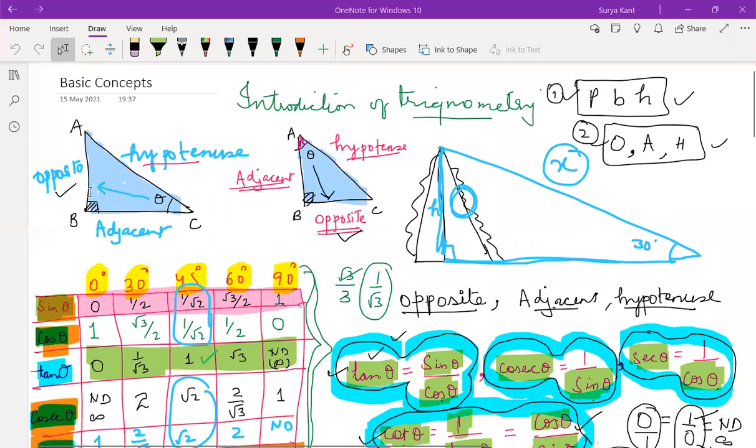See in the first figure, AB is opposite here, and here AB is adjacent. How is it coming? We have to know by the help of this theta. Theta in front of you, what you see, that is opposite. Here theta is here, so opposite is this one. So first concept is clear or not, children?